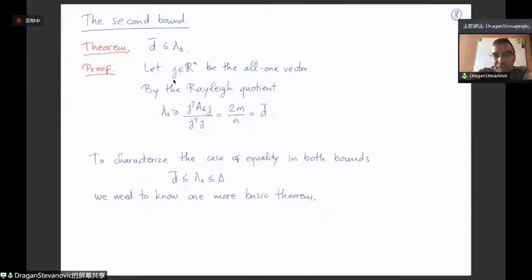So we will use the all-ones vector j, so all components of j will be equal to 1, and then the Rayleigh quotient tells us that lambda 1 is greater than or equal to j transpose A j over j transpose j. Over here, the product of any two components of j is equal to 1, but it goes over all the entries, so only the entries that correspond to adjacent vertices survive.